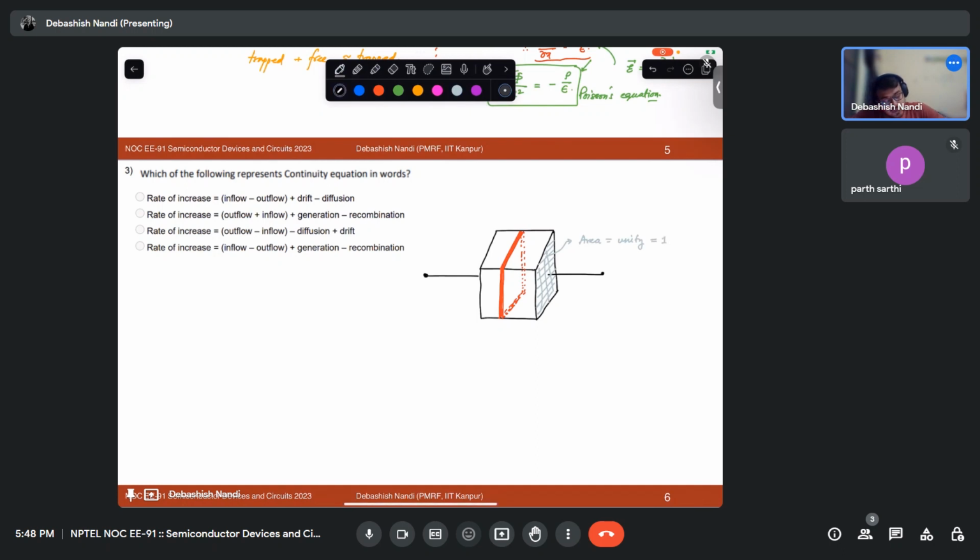So you have a certain amount of potential applied, and this is, let's say, a bulk semiconductor. You have transport of the form drift and diffusion.